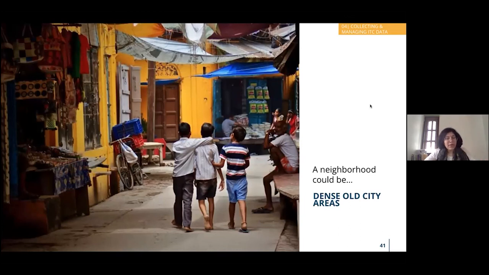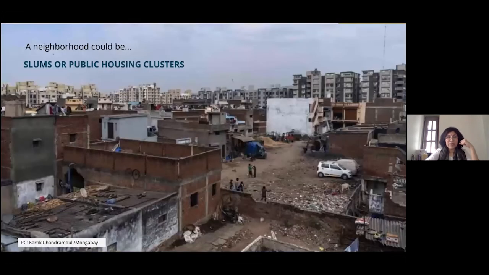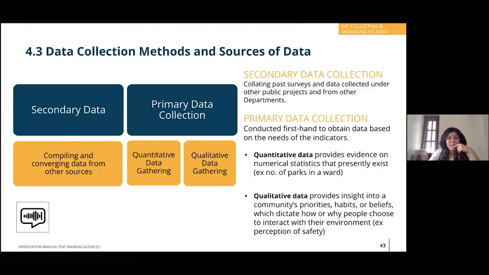But it's in these areas, it's like the old city areas, the lower income areas, unauthorized colonies, slum settlements. These are neighborhoods that cities can prioritize to also start improving from the ITC lens. So they can be slums. Public housing clusters could be also taken up as a neighborhood, and evaluated based on these principles and indicators and improved, right?